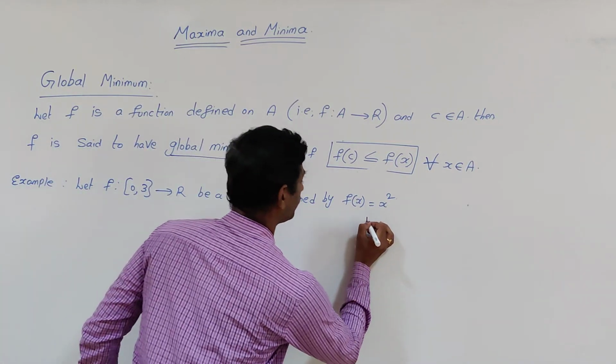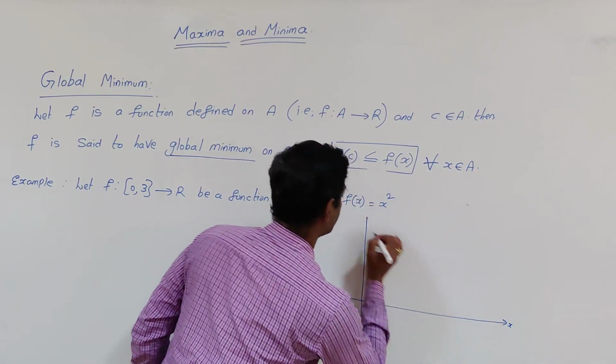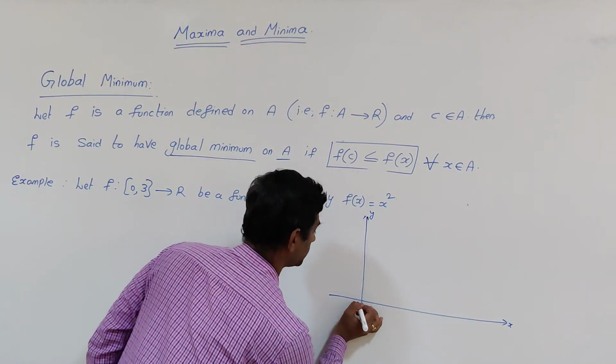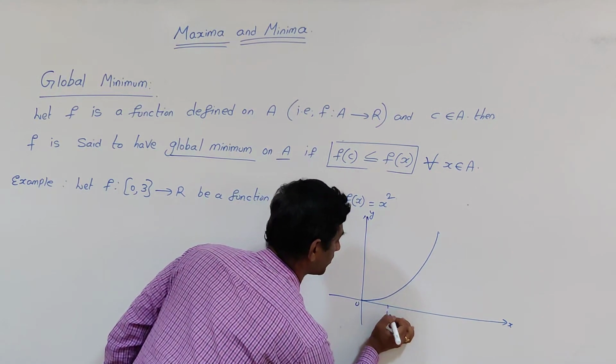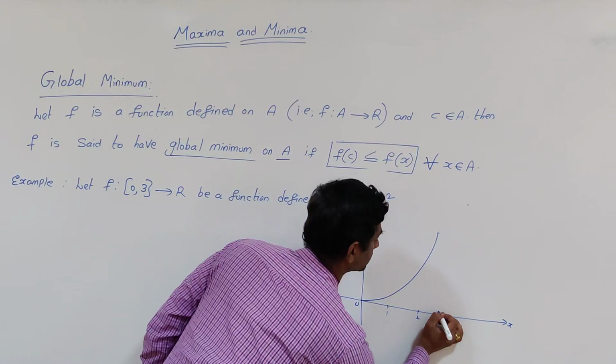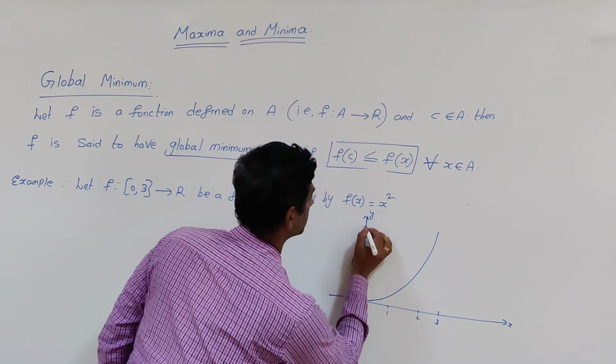So if you go for the graph, again it's a parabola. So this will be 0, 1, 2 and 3. So this will be 1, 4 and this will be 9.